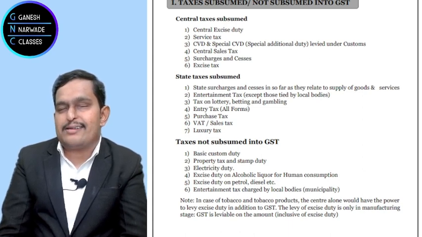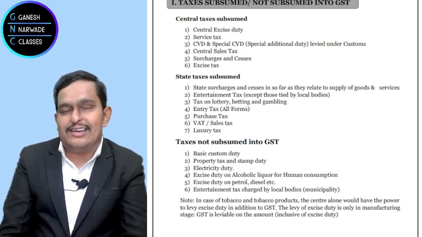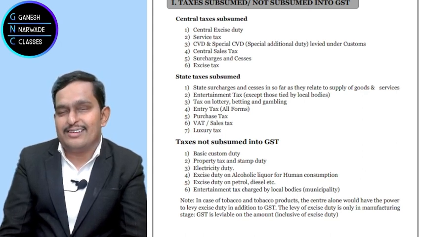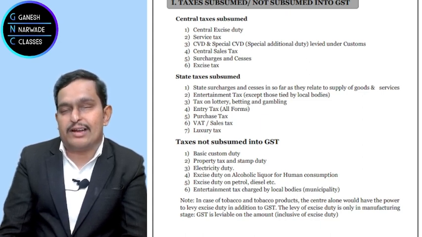But some are still continuing. So what are those taxes? Even after GST they are continuing. The first is excise duty on alcoholic liquor. The state government will levy excise duty on alcoholic liquor. That is still there, correct? VAT on petroleum products.